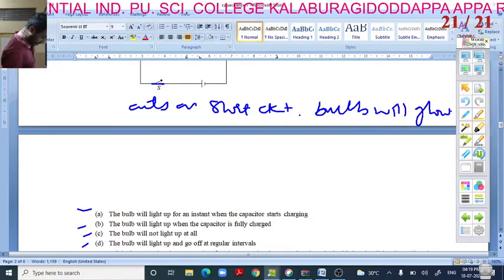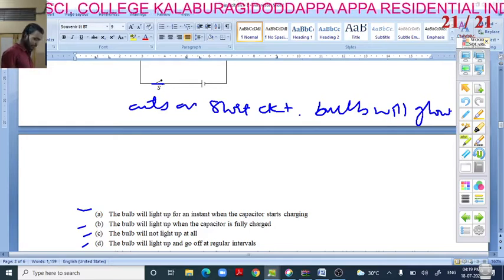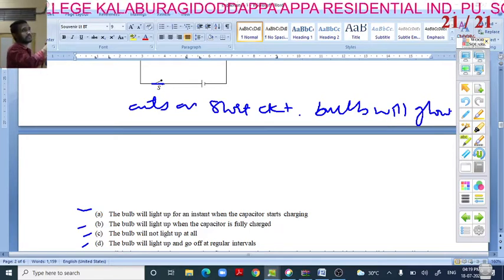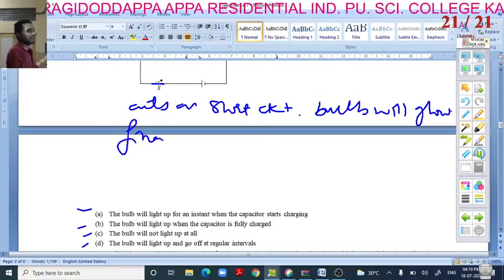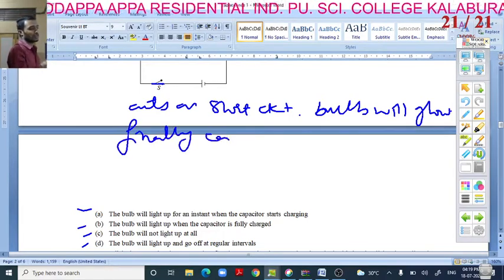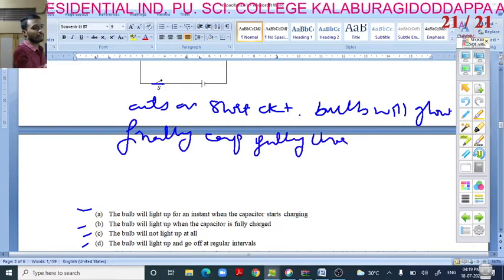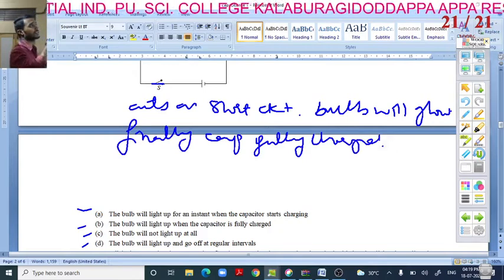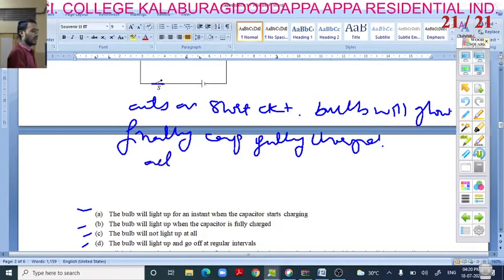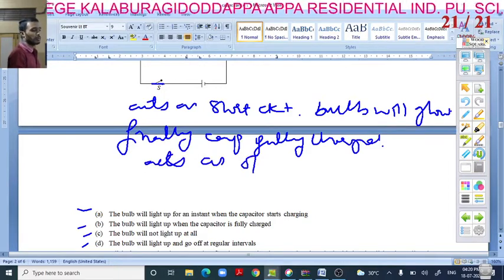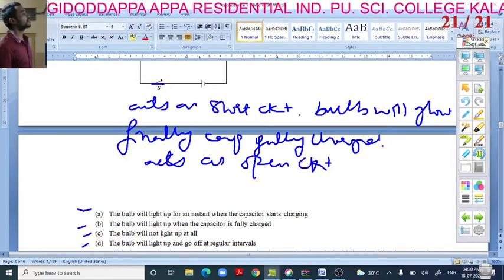But finally the capacitor becomes fully charged, because we have connected the battery to it. When the capacitor is fully charged, this circuit acts as an open circuit. That we all know, open circuit, right?